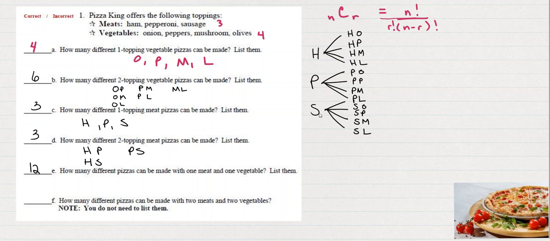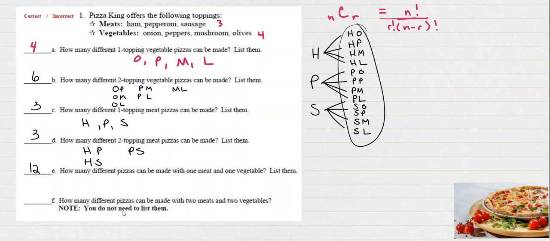Starting with sausage, onions, peppers, mushrooms, or olives. So the list of the 12 different options are here. Ham and onions, etc.